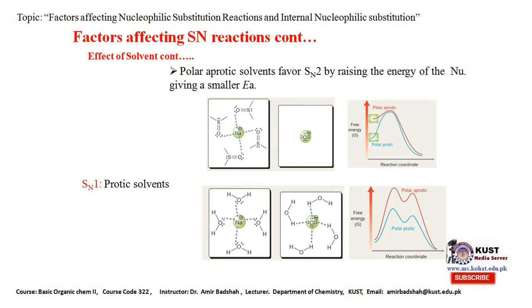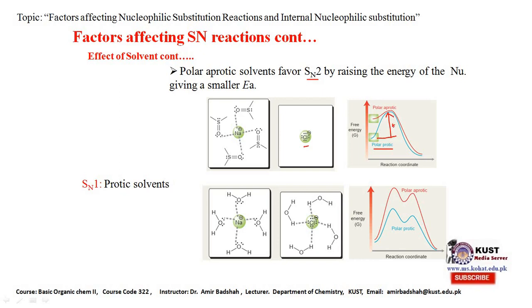You can see here that the aprotic solvent, as we have discussed, favors the SN2 reaction. Why is it so? The reason is that when we use a polar protic solvent, it will stabilize the nucleophile. This chloride is a nucleophile, so it will be stabilized, and by stabilization of this nucleophile, its activation energy increases. This is the activation energy.